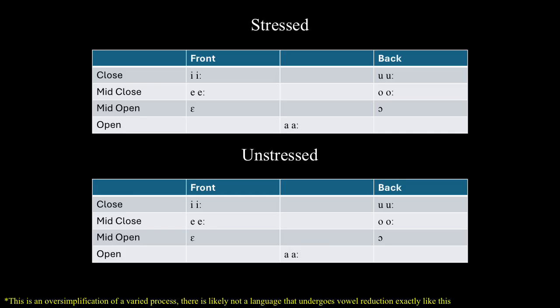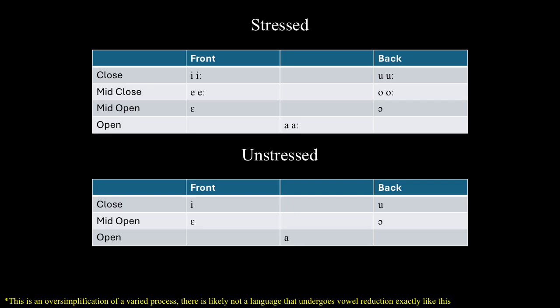Now, vowel reduction is when some or all unstressed syllable vowel distinctions are lost, due to the fact that the speakers are less focused on that vowel. This usually starts with long vowels and diphthongs shifting to match similar short vowels, followed by more difficult distinctions among short vowels being lost, such as the close mid series merging into the open mid series, or vice versa. From there, the unique stuff begins.